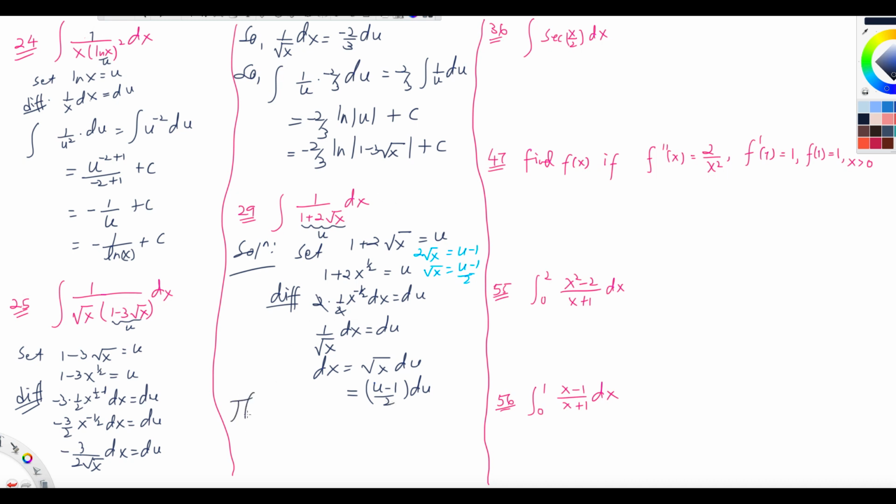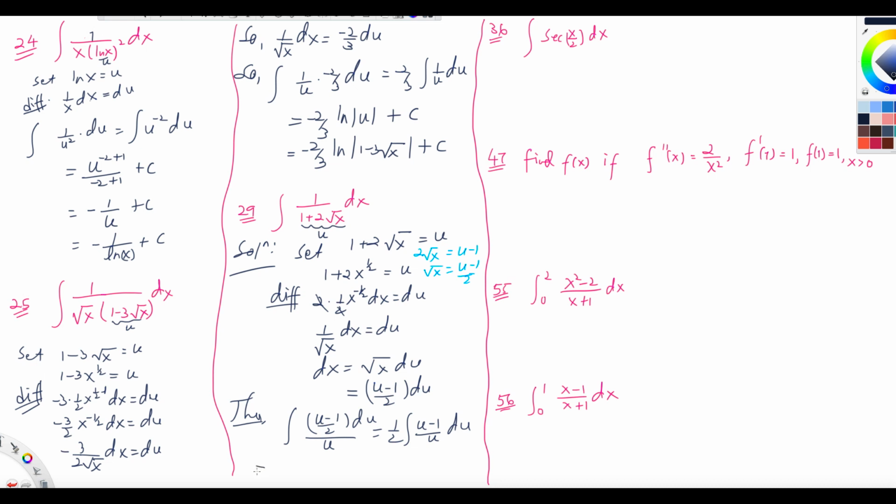So thus the integral can be written as dx is u minus 1 over 2 du, and then the denominator is u. So what do you get? Let me pull that 2 out: 1/2 integral of u minus 1 over u du.